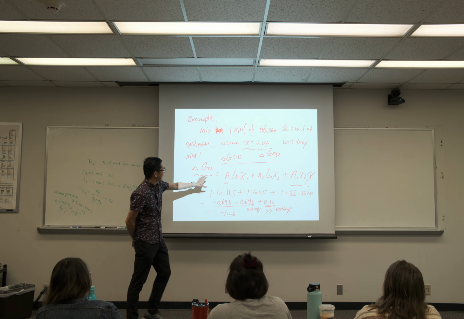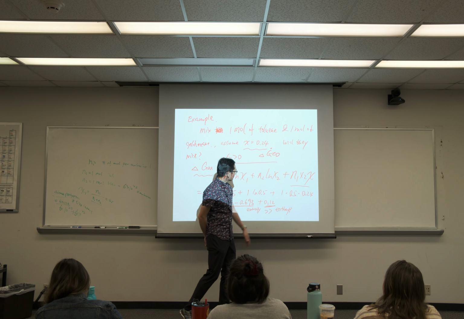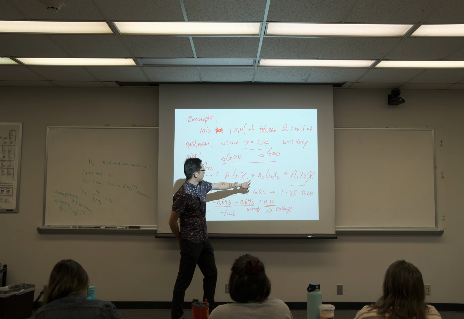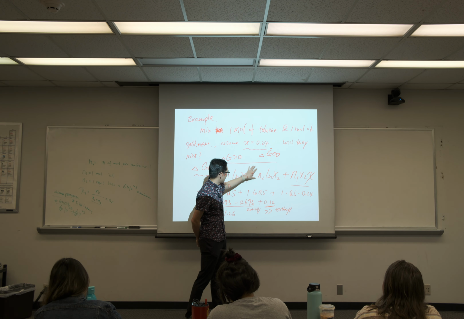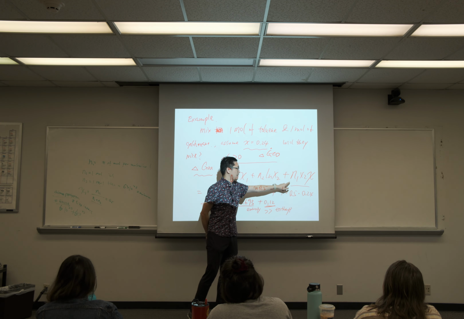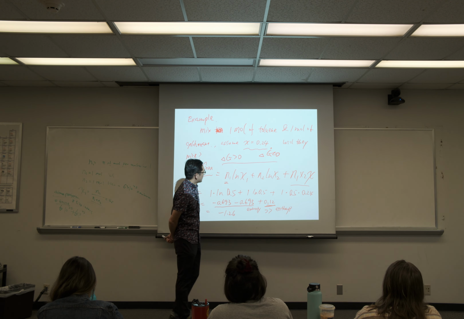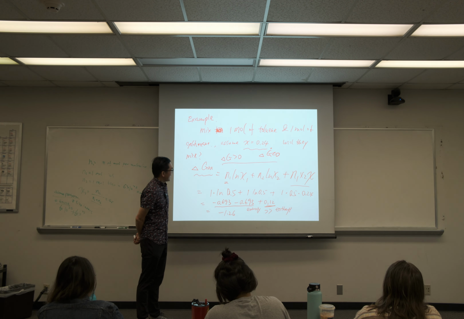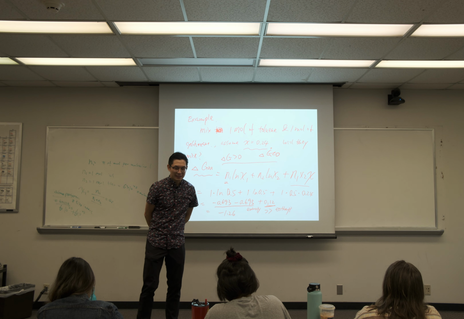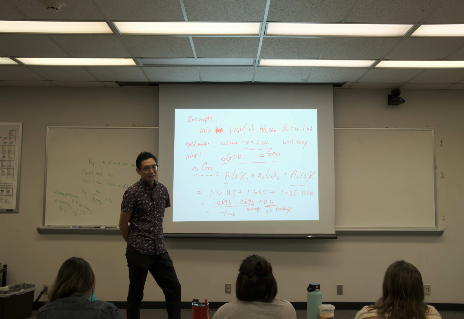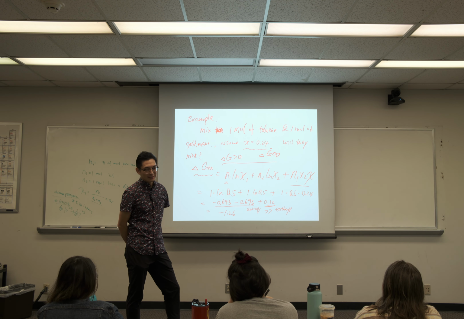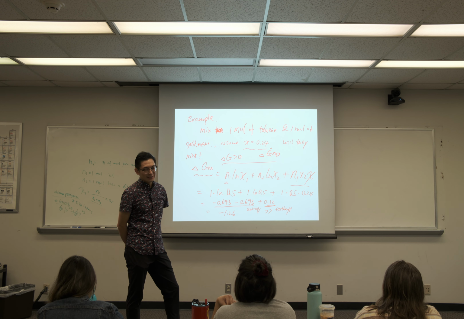Okay, so this is the exact equation I copied. N1 log x1 plus N2 log x2 will be the entropy contribution, and this would be the enthalpy. So what is N1 and X1, Amy, in this case? N1 is 1 mole. And X1 is 0.5.